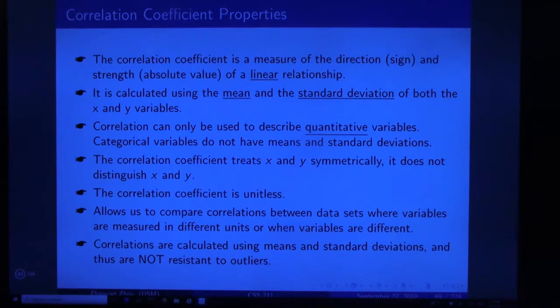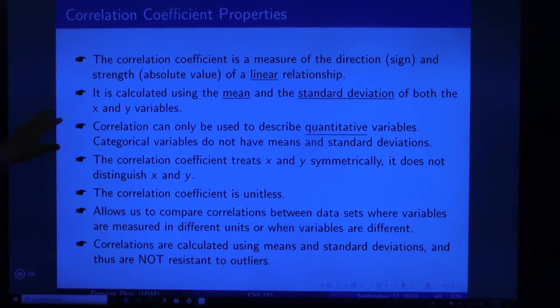Then we just multiply these z-scores together, add them up, then divide by n minus 1. So that's how we calculate the correlation coefficient. So the correlation coefficient can compare two data sets measured in different units, or variables that are even totally different.